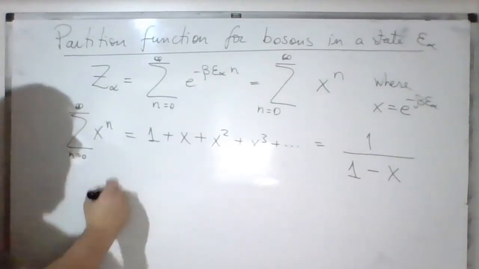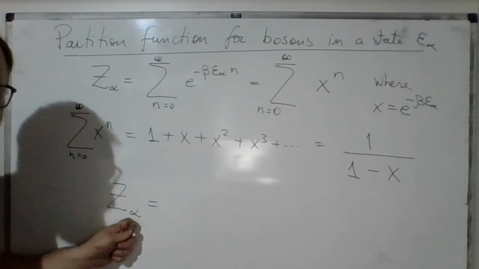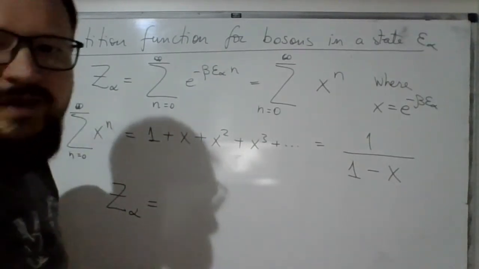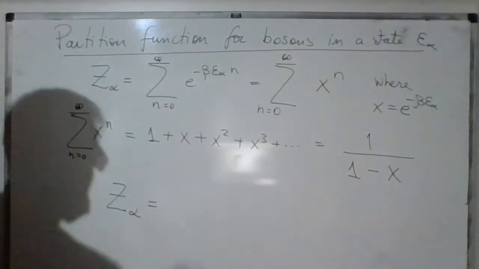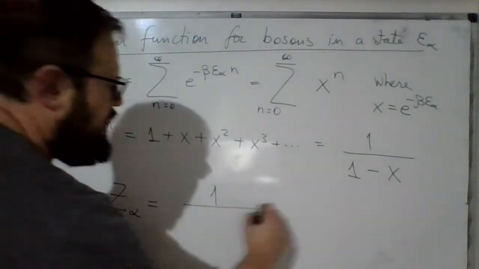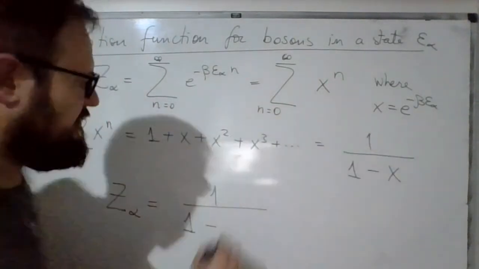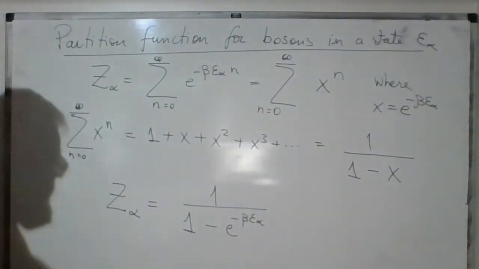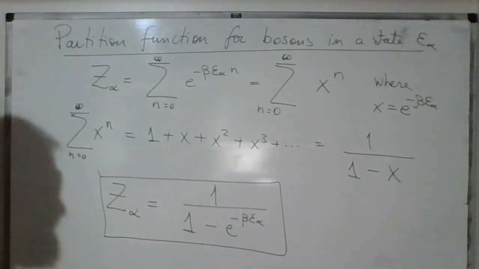So the partition function for bosons at a given state alpha, we don't exactly know how many bosons there are, is just 1 over 1 minus x, with x equal to e to the minus beta e alpha. This is the partition function for bosons.